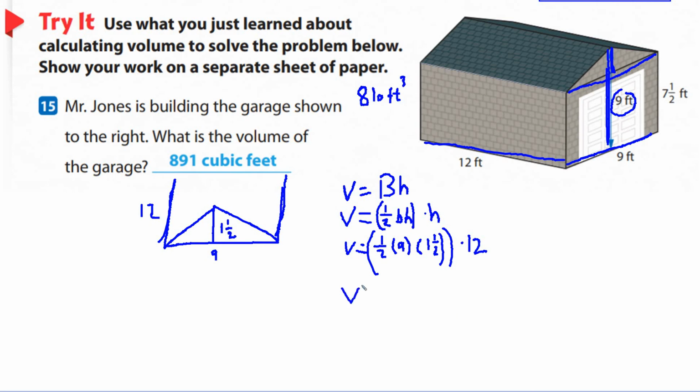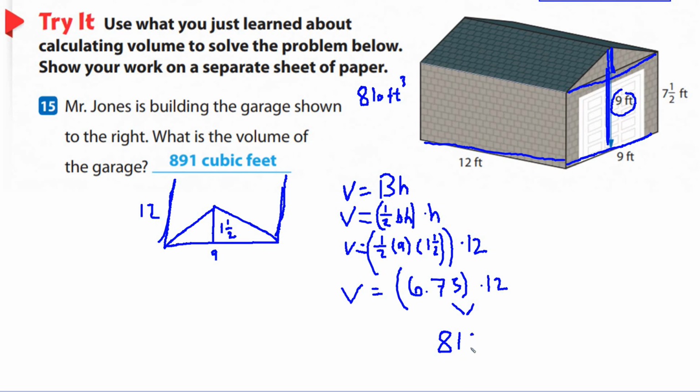Alright, now we just got to do the math. 1/2 times 9 is 4.5. 4.5 times 1.5 will give me 6.75. And then I take this and I multiply that by 12. And I get 81. Right?